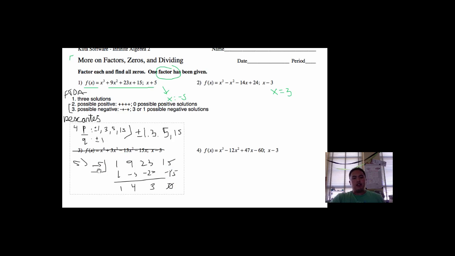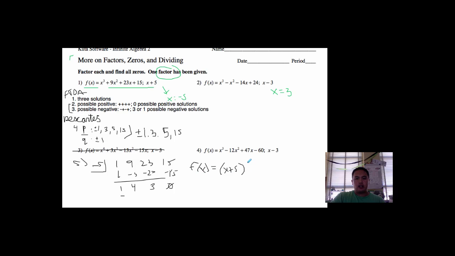Now that I know that negative 5 is a factor and this is what happens when I divide it, I'm going to change this problem. So instead of saying f of x equals that, I'm going to say f of x equals x plus 5, since it's a factor. And remember I take the lesser degree. Since my degree used to be x to the third, I'm down here.